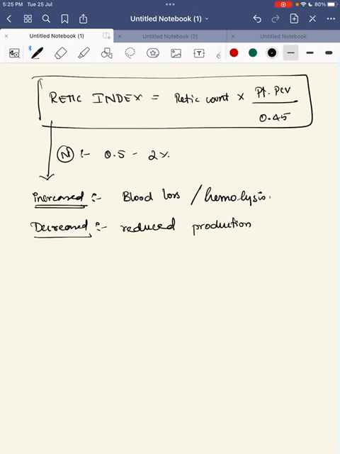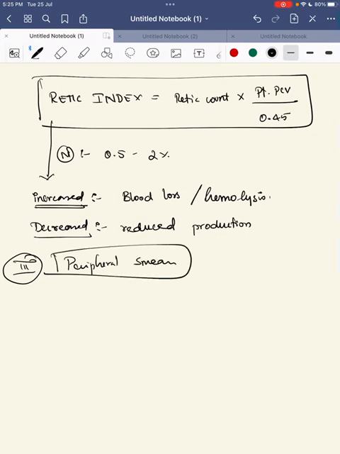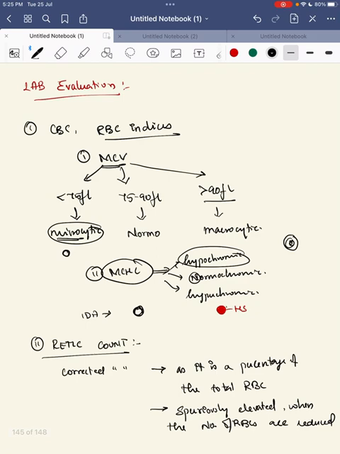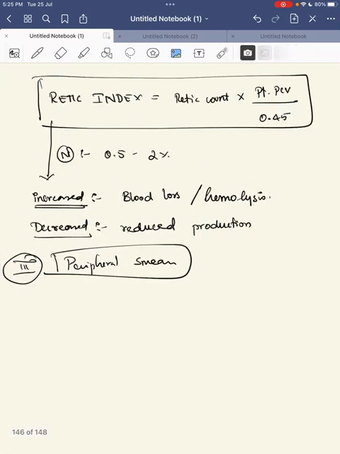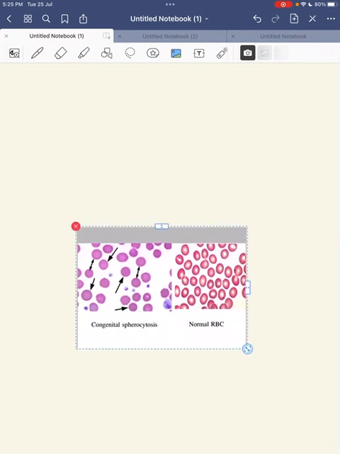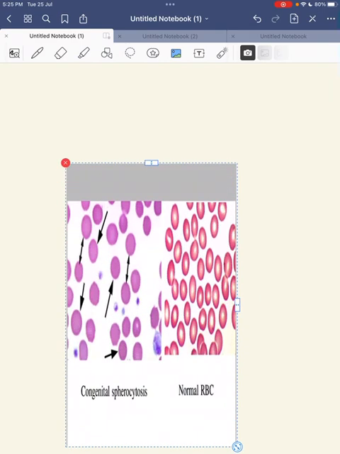Next, the third main thing for evaluation is the peripheral smear. The peripheral smear is an essential part of evaluation in anemia. I will show you some examples here. This is a child with congenital spherocytosis.